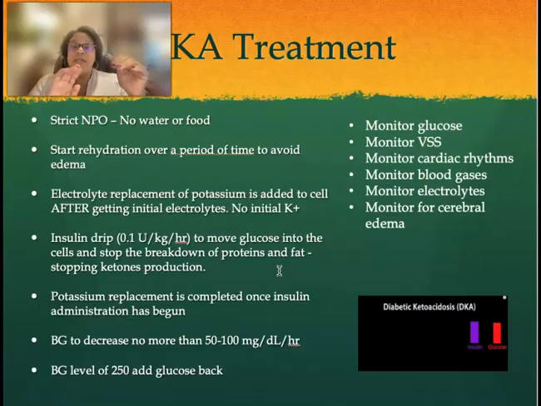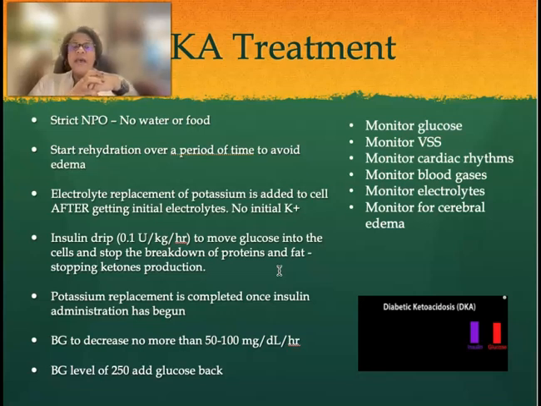We do not want them to have a greater than 100 drop an hour of their glucose, because that can cause cerebral edema. If they do, then we're going to put glucose back into their fluids to offset the drop they're having in their glucose.